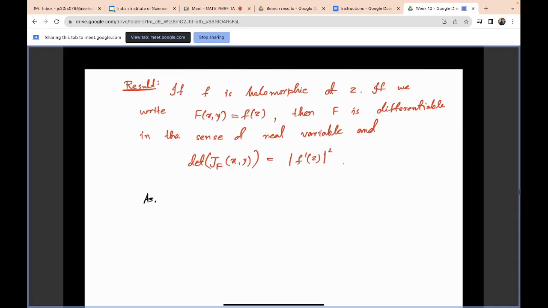Now the area of f(U) is basically the double integral over f(U) of du dv.